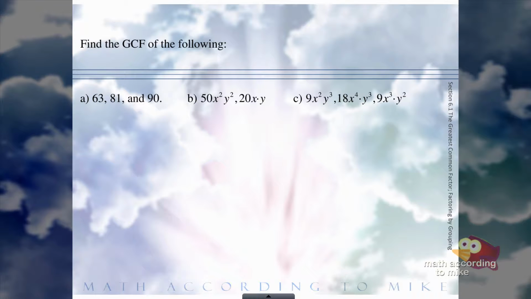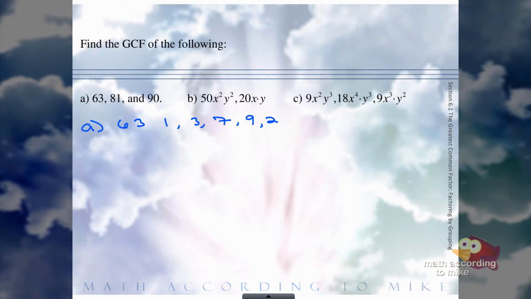Now, you may have been told way back when that you can, for instance, write out the factors of each number. For instance, for 63, I'll just write them out. You have 1 and 3 and 9. Oh, and 7 and 9, I should say.